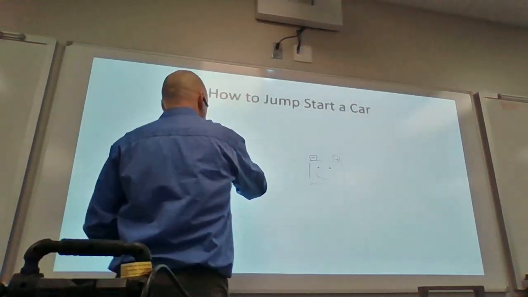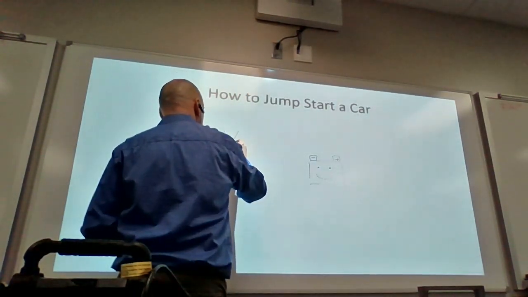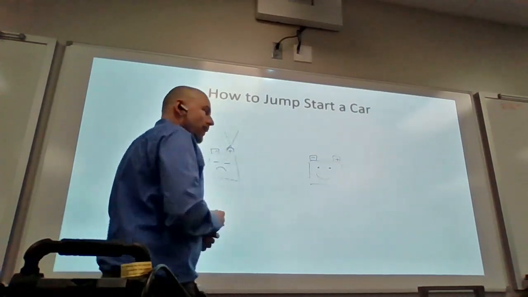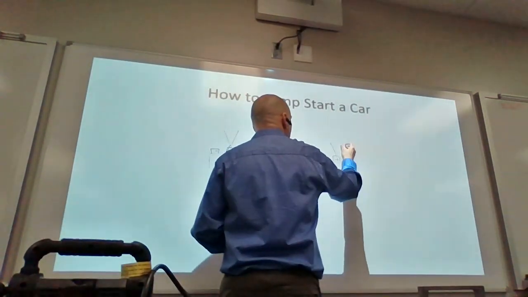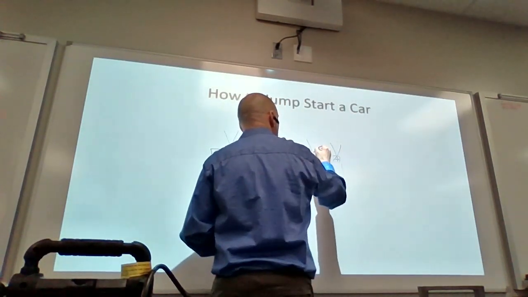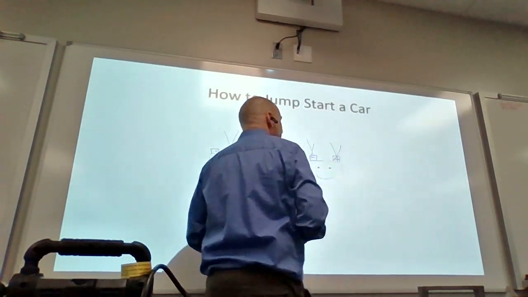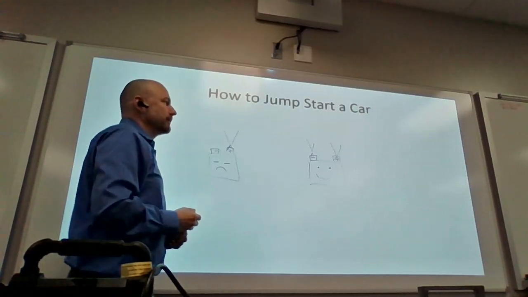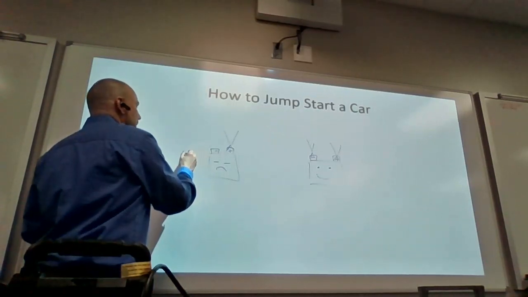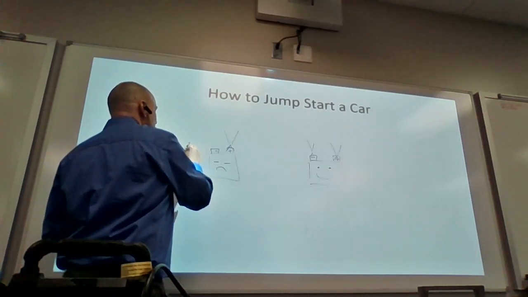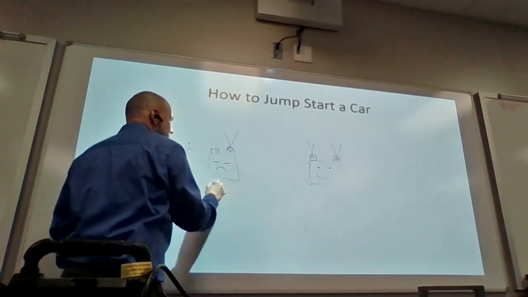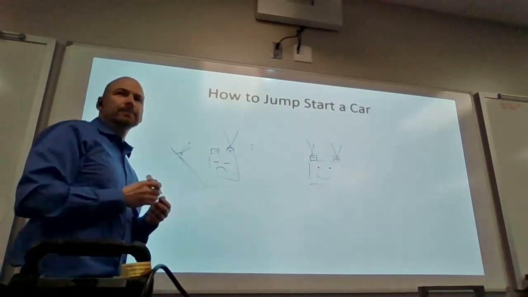So what you're going to do is take the dead battery, hook it up to the positive. Then you hook your positive to your good battery's positive, and your black to the good battery's negative. And then lastly, the safest way to do it is to hook it to the metal frame of your car.